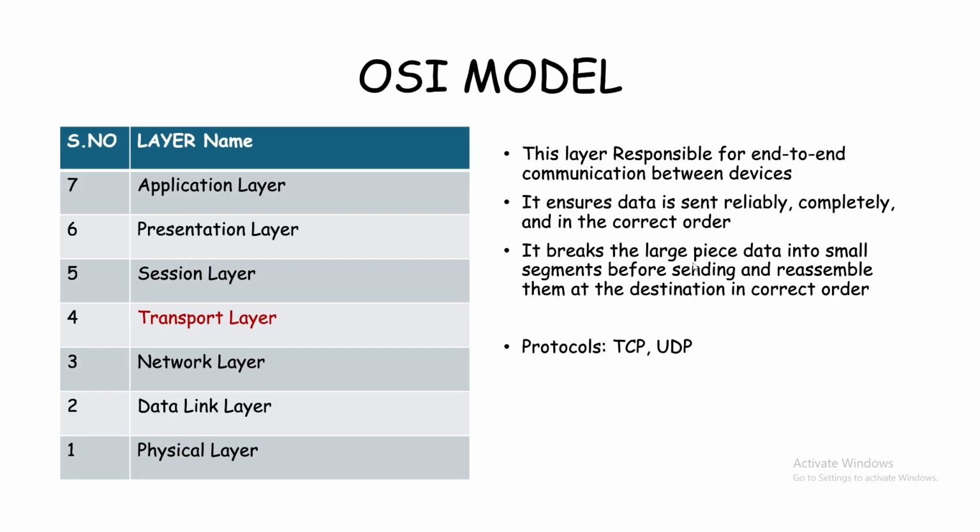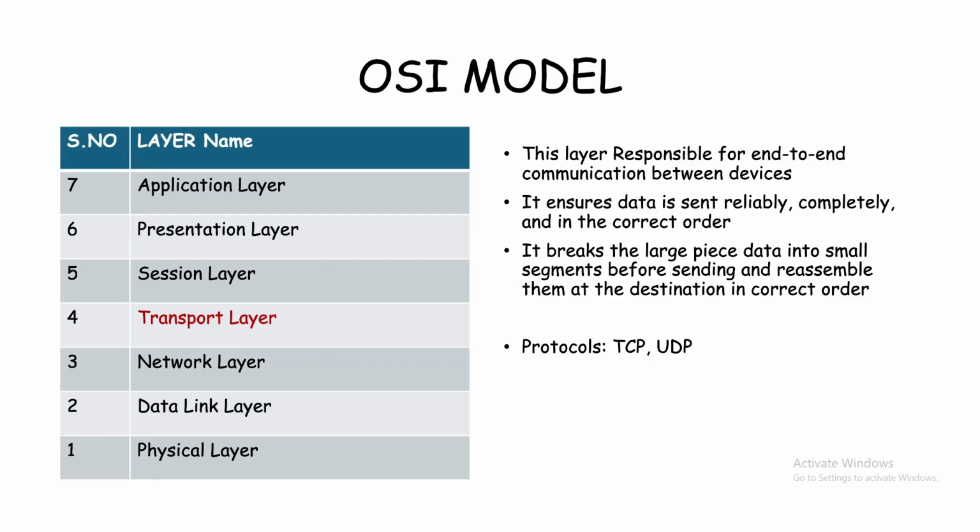Here is the reason to break the large piece of data into small segments. Say we are watching a YouTube video and we have an internet connection problem. If the video comes as one large piece of data and we have a problem, the whole video will be lost, and we can't get that video back.